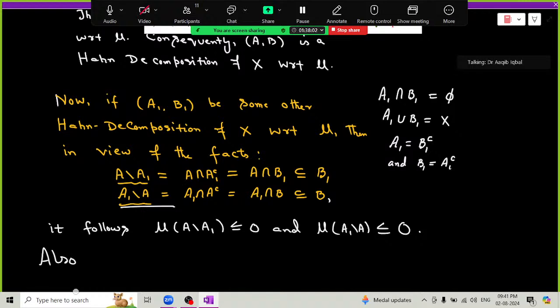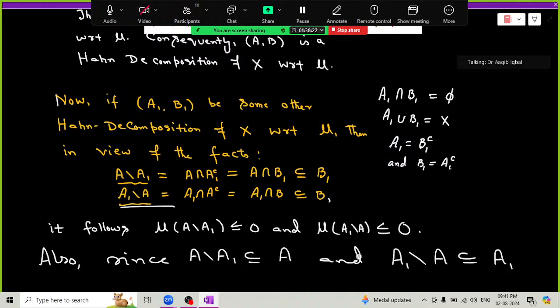Also, फिर से आप ये देखें, since A minus A1 is contained in A, because आप A से point से move कर रहे हैं, so it will be a subset of A, and A1 minus A is contained in A1.